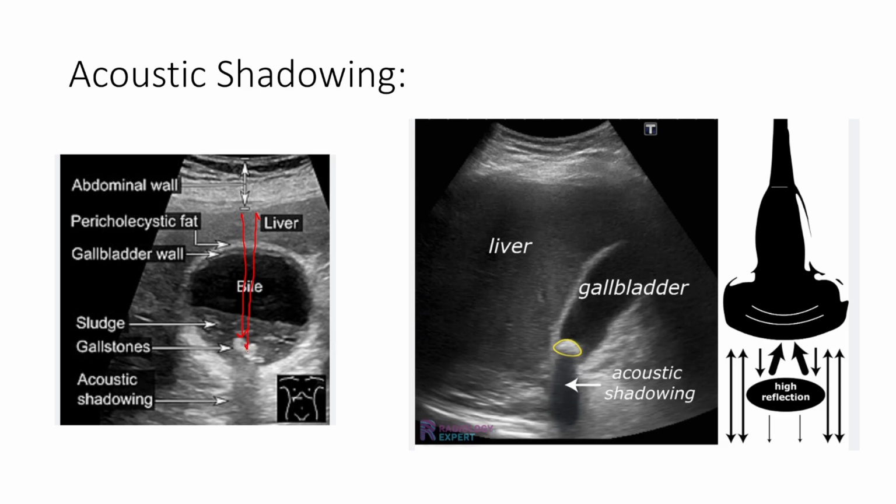They are strongly attenuated, and as the ultrasound beam cannot pass through them, there is decreased intensity of echoes behind them. This results in acoustic shadowing. To prevent this, different scan angles can be used to see the structure.